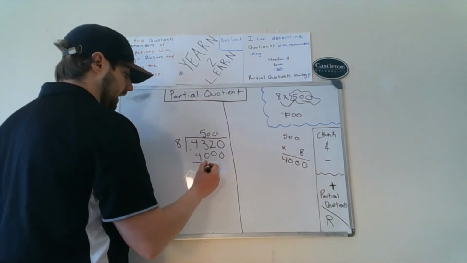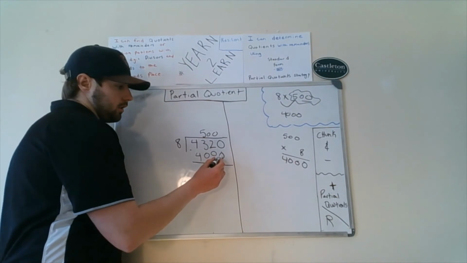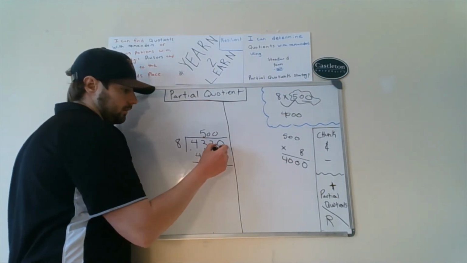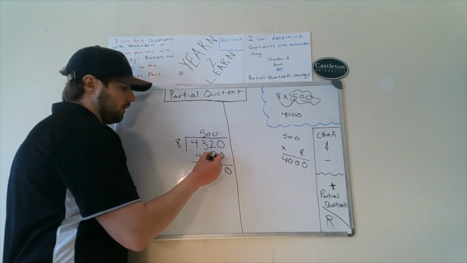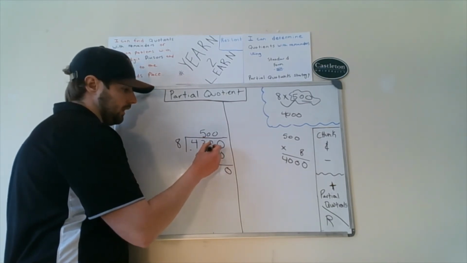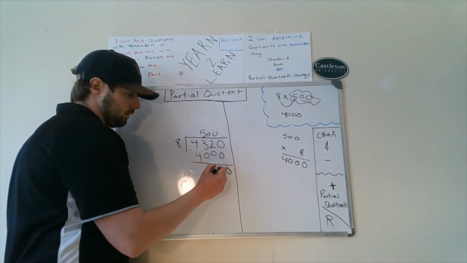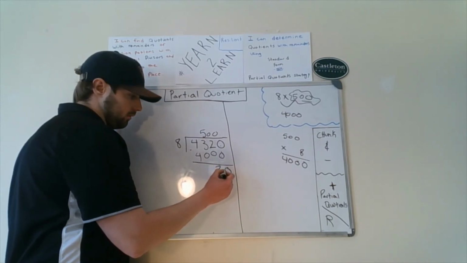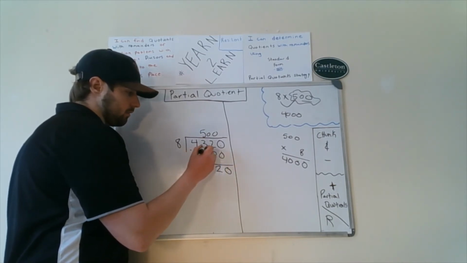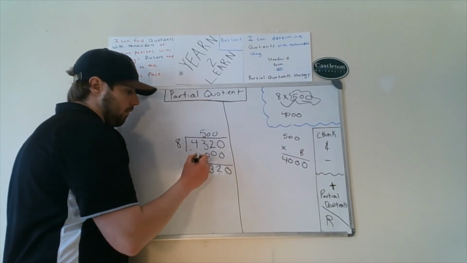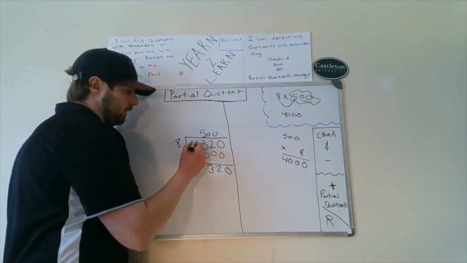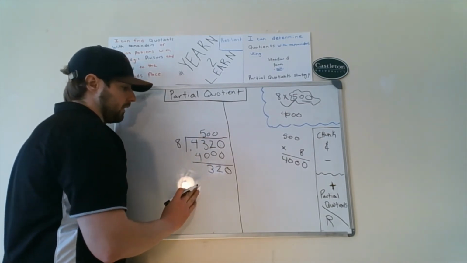Let's subtract together. 0 minus 0 is 0. 0 minus 2 is 2. 0 minus 3 is 3. 4 minus 4 is going to give me nothing.